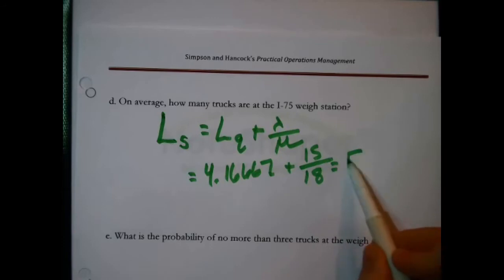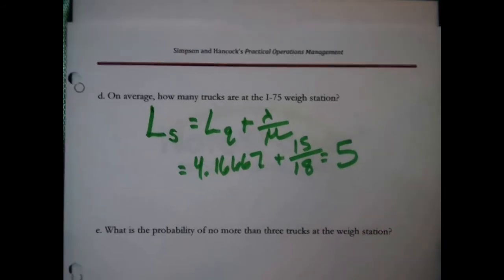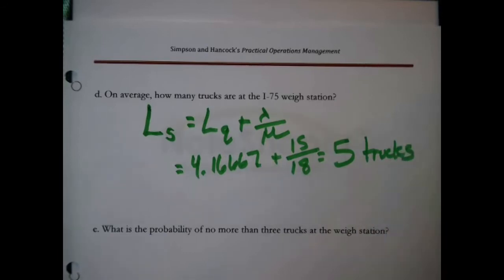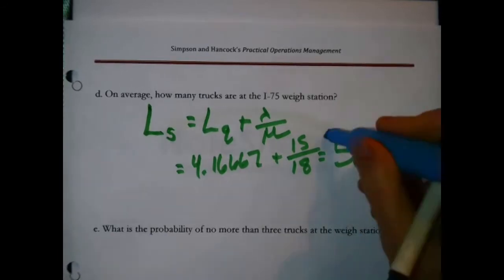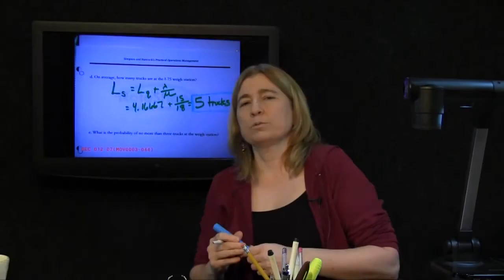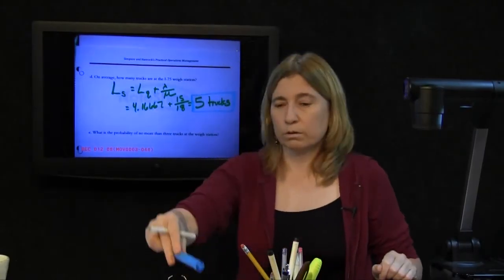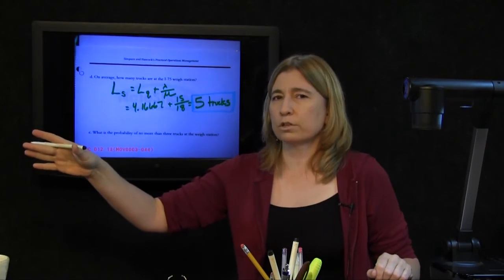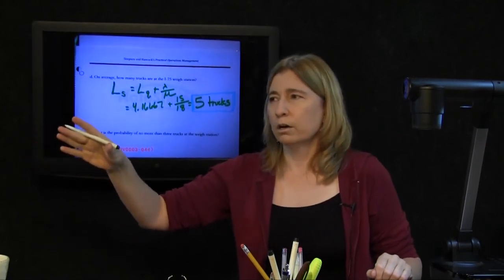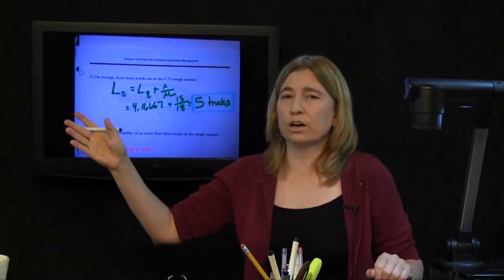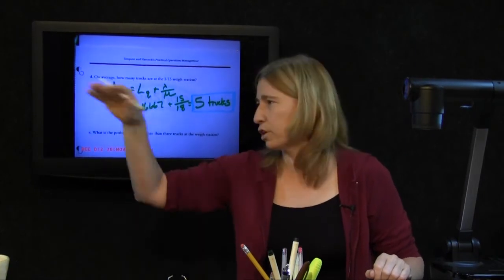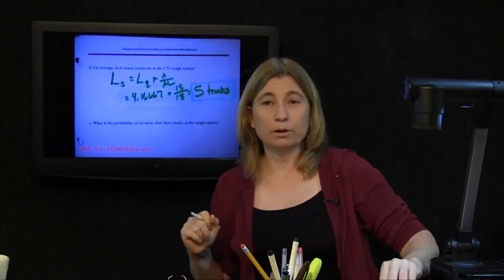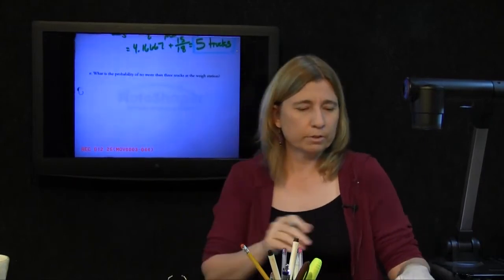It basically comes out, actually, ironically, then fairly neatly, 5. Those are trucks. What we've just discovered is that this particular weigh station south of Ocala, Florida, on average, there's 5 trucks there, right? One of them, if there's any trucks there, is getting weighed, but on average, count them all, there's 5 trucks there. Oh, all right. So, now, is the last one going to be fast?